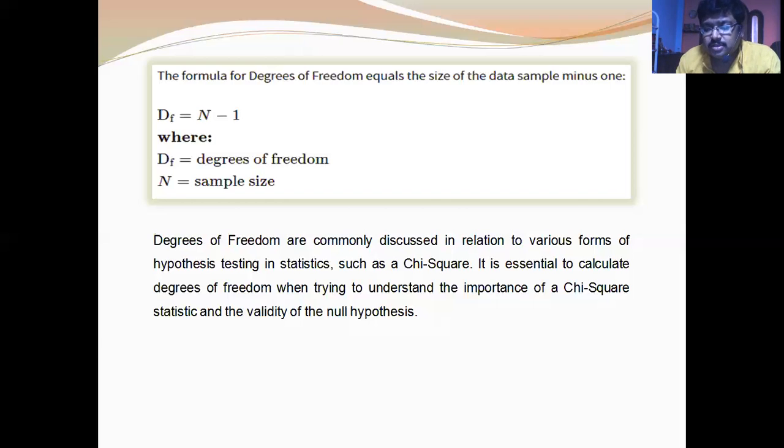And if the difference between the observed data and the estimated data is small, then it is significant. The chi-square test is significant. If the chi-square test is significant, then the null hypothesis is accepted. Whatever the null hypothesis is, it would be accepted if the chi-square statistic is significant.